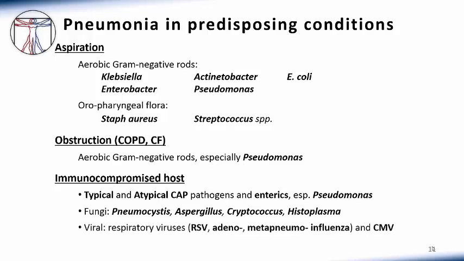Various respiratory viruses, including community-acquired respiratory viruses, but also opportunistic respiratory viruses such as cytomegalovirus, can cause lung infections in immunocompromised hosts. And there are also protozoal and nematodes that can cause lung infections, including Strongyloides, which can cause a lung and hyperinfection syndrome in immunocompromised patients.